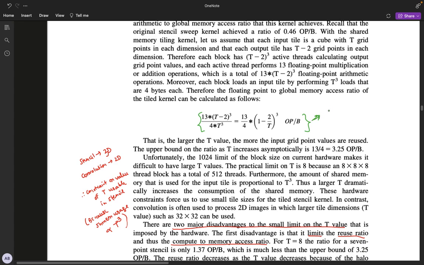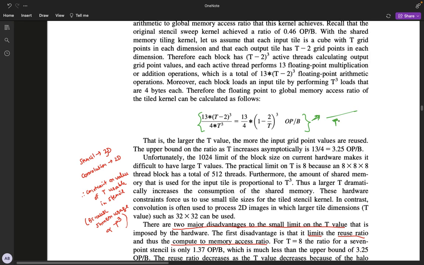If everything is loaded into shared memory in the first phase, and in the second phase we use the shared memory, let's look at the number of bytes loaded from global memory. Let's do a per block analysis.